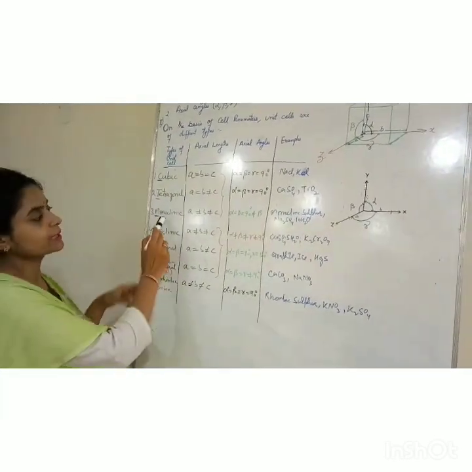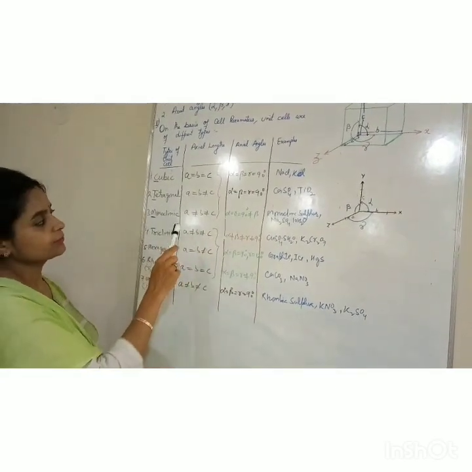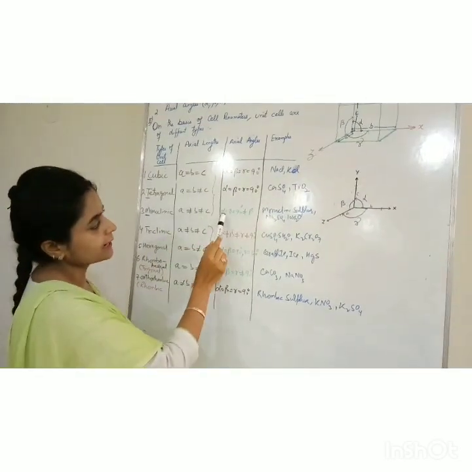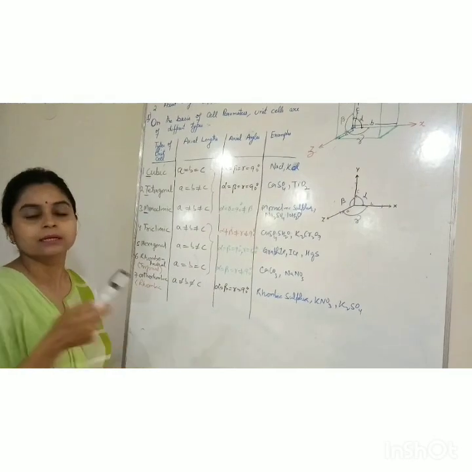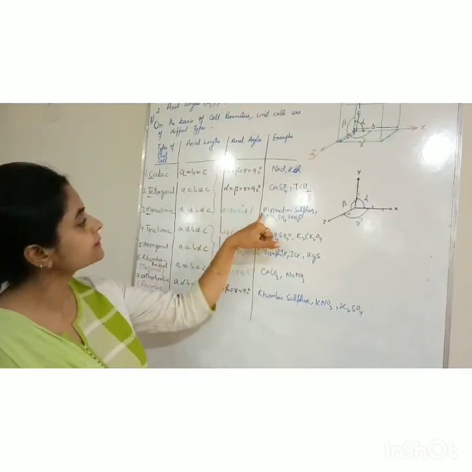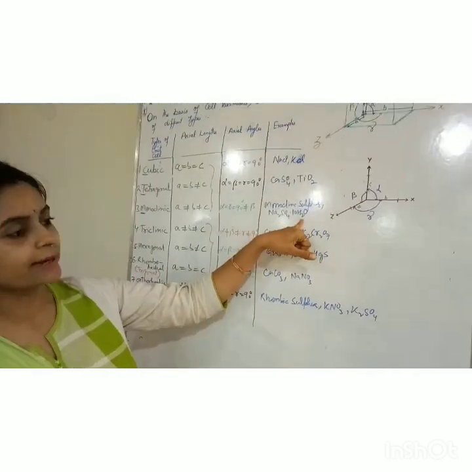Then third is monoclinic. In this case, no axial length is equal. That is, A is not equal to B is not equal to C. They are of different lengths. And alpha equal to gamma equal to 90 degrees, but it is not equal to beta. That means beta may be either less than 90 or more than 90. Its common examples are monoclinic sulfur and sodium sulfate decahydrate.